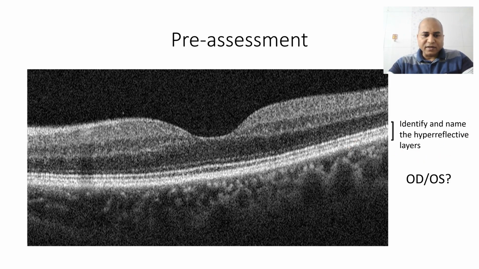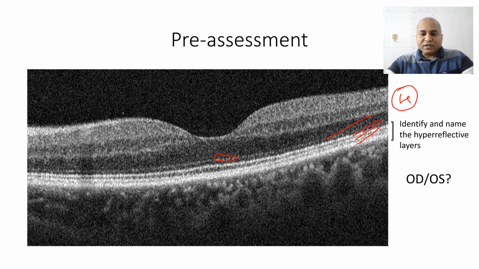So here we can see there are 1, 2, 3 hyperreflective layers here, and one very faint hyperreflective layer which is seen here. It is more prominent in this area, and all these 4 layers, can they be identified by the student?